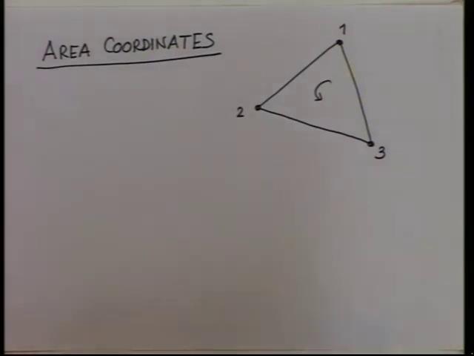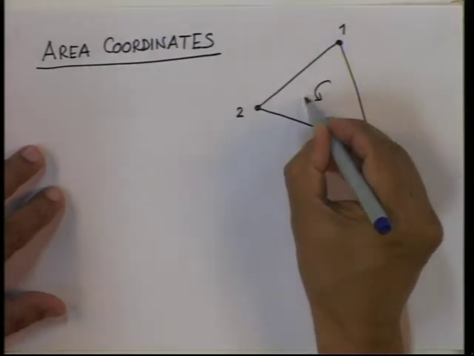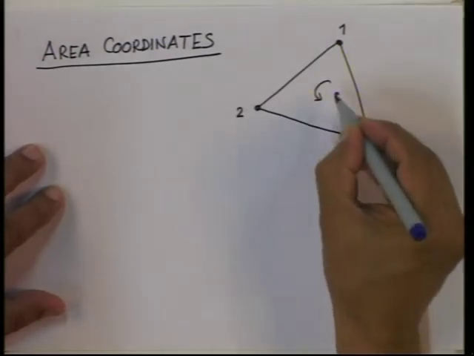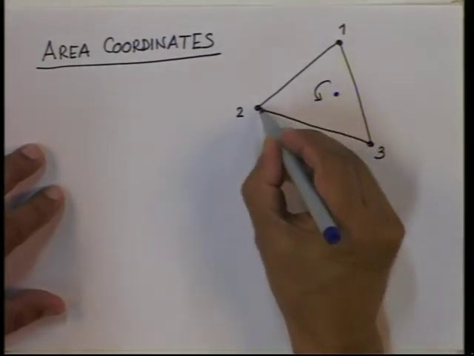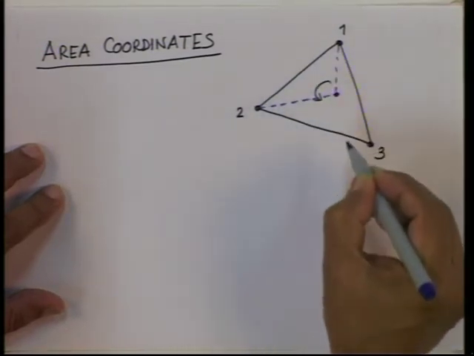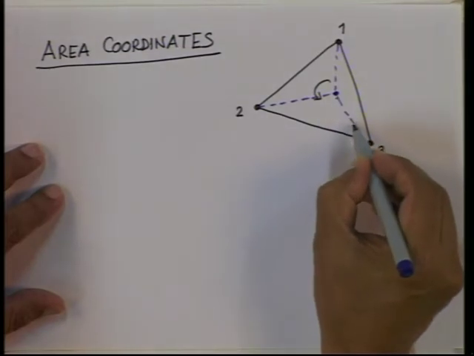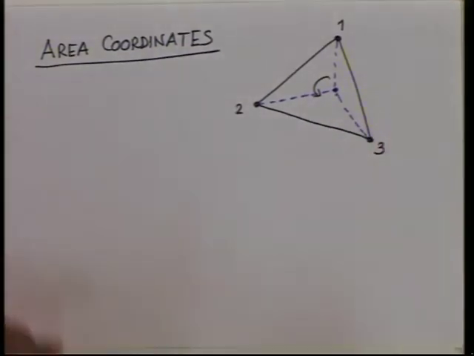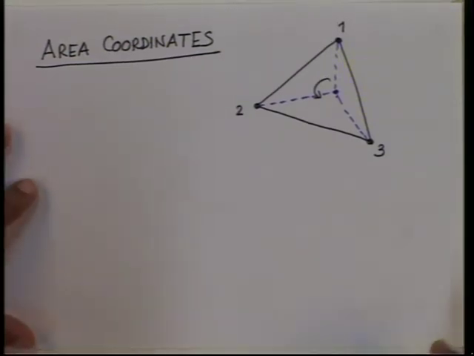Then if I have a node inside anywhere, and I join the three vertices to this node, I will tell you what I call it.